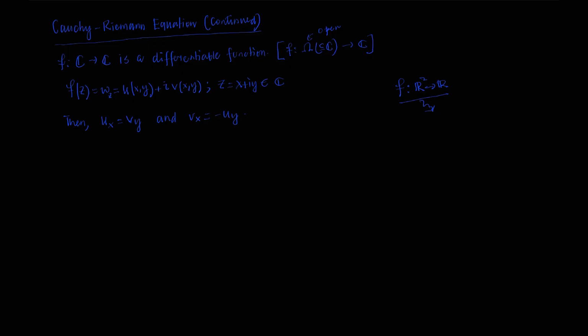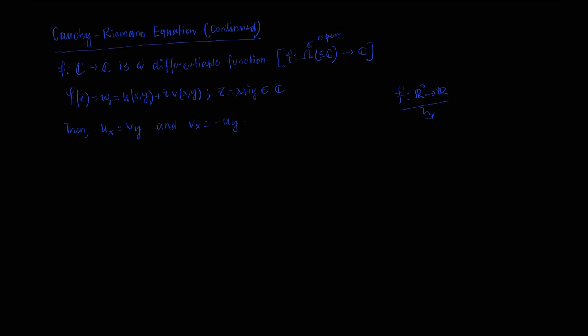Here we define the derivative in the same sort of way as in the last video. Because this is complex differentiation, we use our idea of real differentiation to get an equivalent statement. So u_x equals v_y and v_x equals minus u_y. Why is this true? Because u and v are functions from R2 to R. I hope this is clear to you. This is called the CR equation.